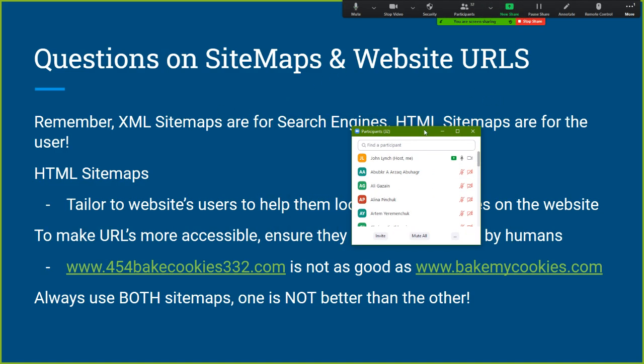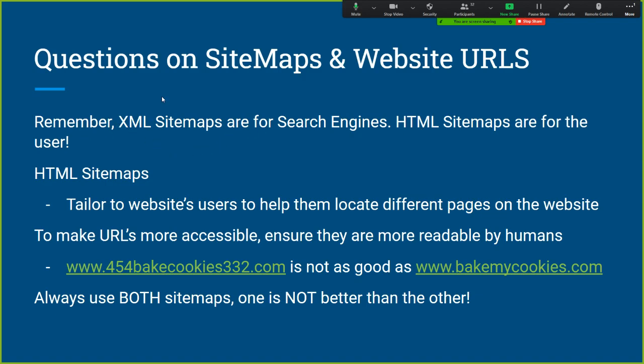The HTML sitemap is how we can get users to locate different pages on the website, and the XML is what the robot searching for a site uses to look for it as well. Remember, the trick question here is you always want to use both sitemaps. One is not better than the other. They're for two different purposes, and you want to use both of them.